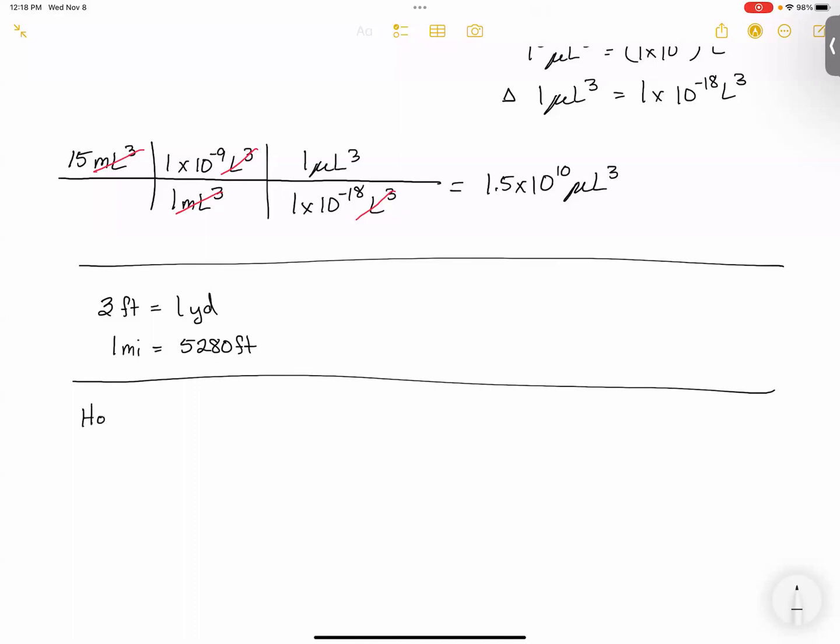How many kilometers is equal to 52.7 yards?